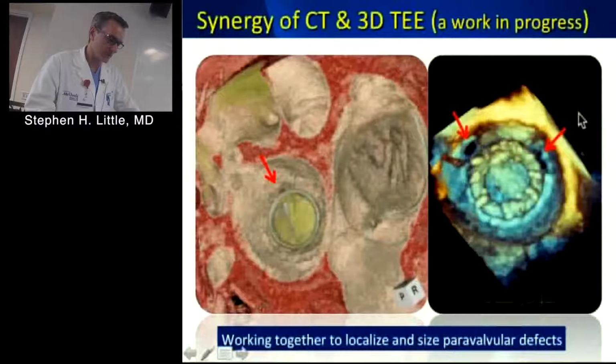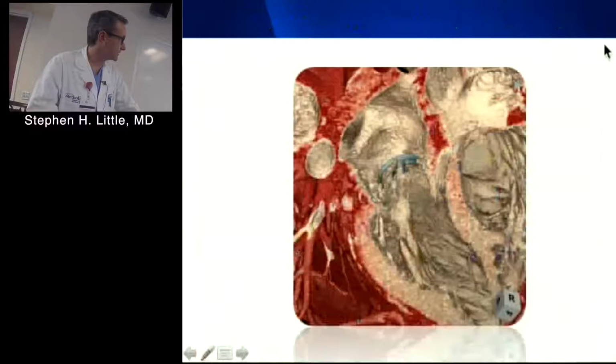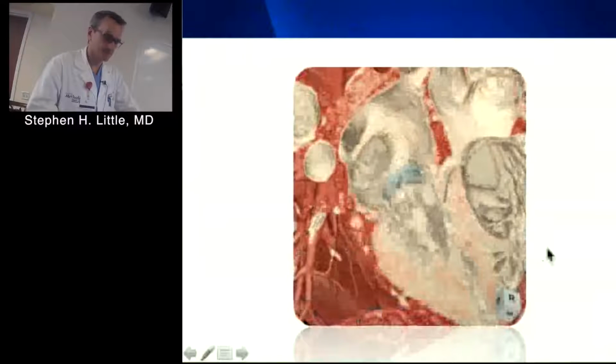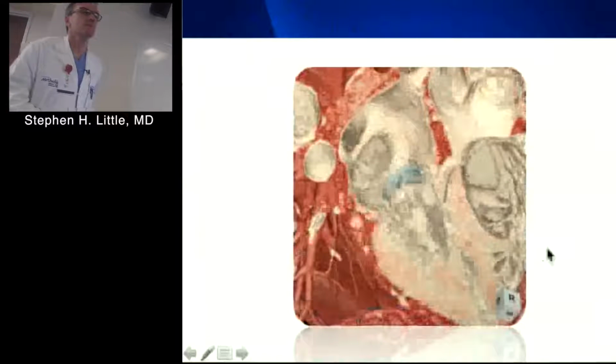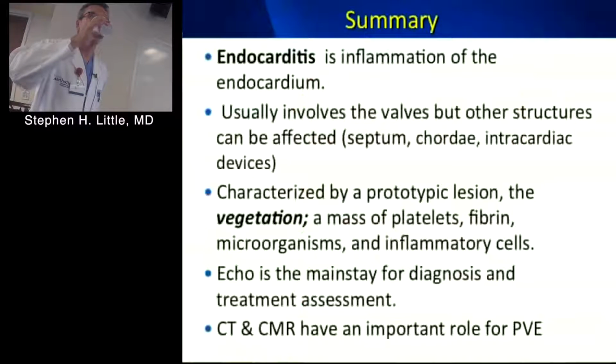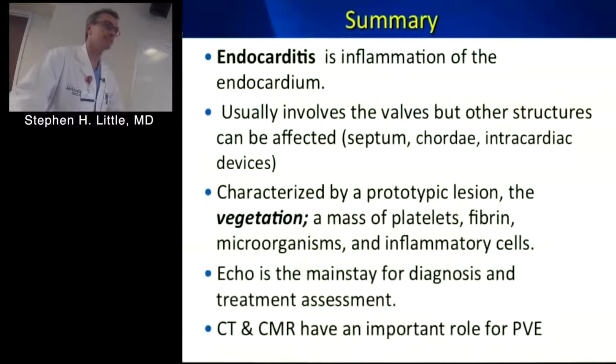And this is just a long axis view of an LV with a mechanical valve shown there. But one of the things I've been impressed with of late is that even with TEE, we don't always get everything, for example an abscess within the chest.